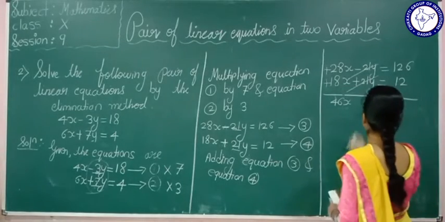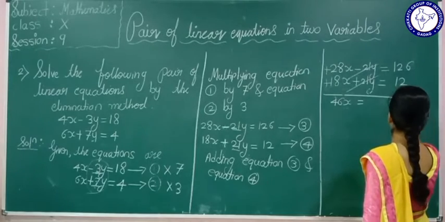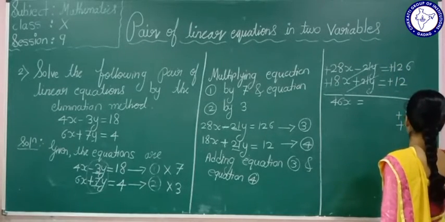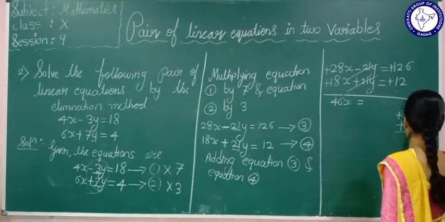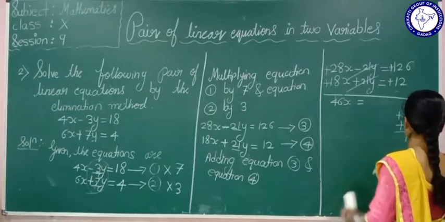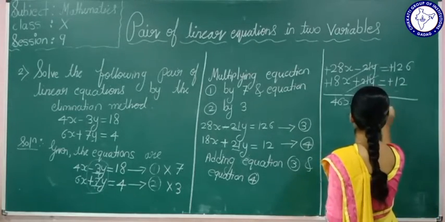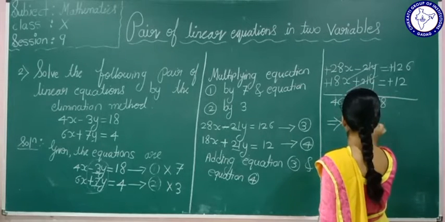Now is equal to, what is 126 plus 12? 6 plus 2 is 8, 2 plus 1 is 3. It is 138. This implies x is equal to what?